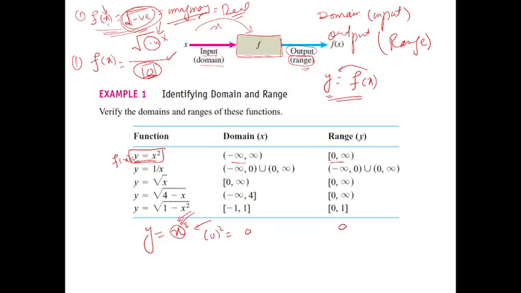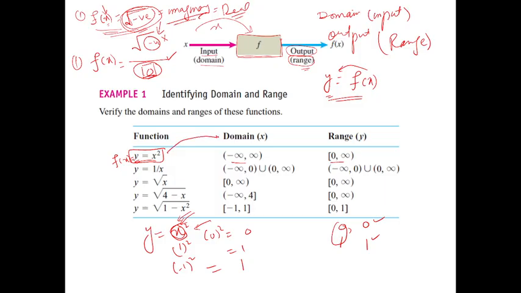If I put 1, 1 square will give you 1. This is the output and these two are the input. When you put -1 here, -1 square will be again 1. So it means you can put any value.